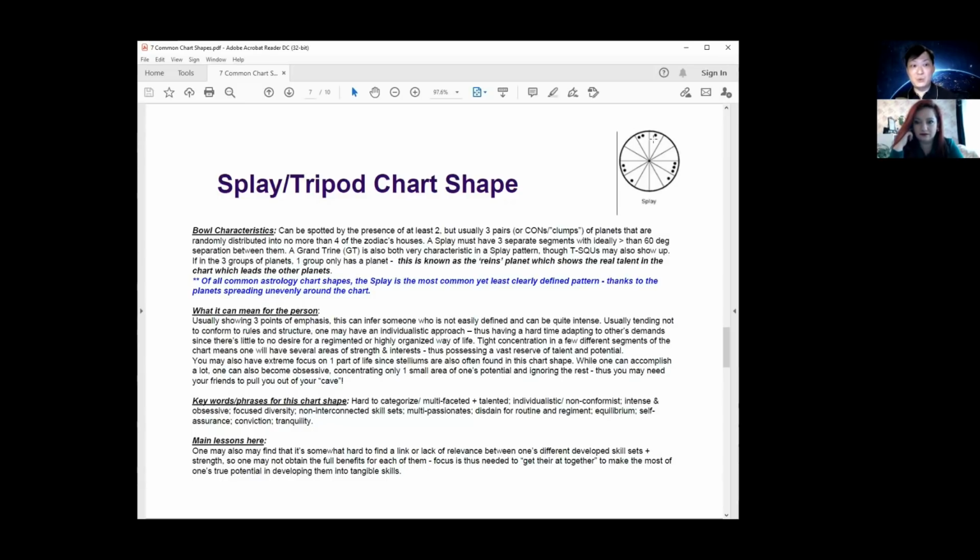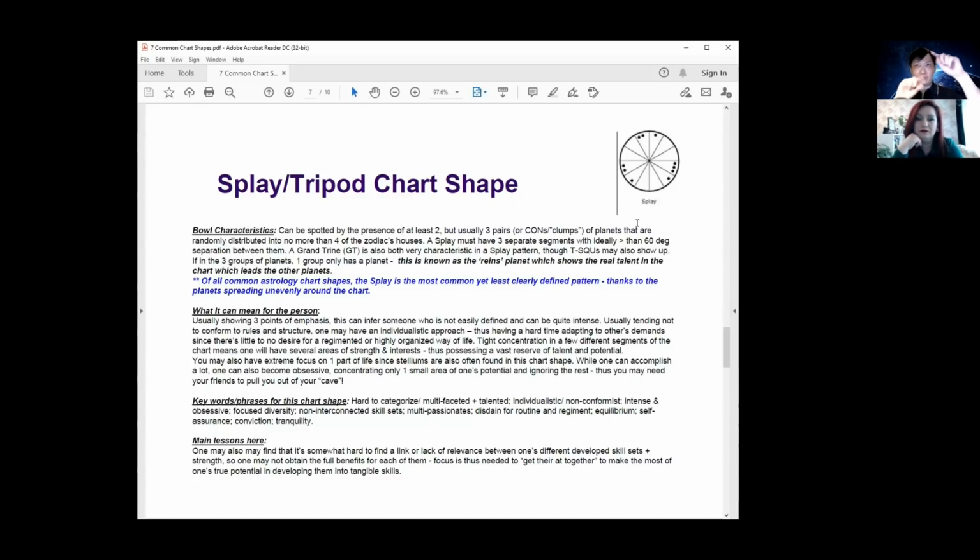The most obvious one will be a grand trine, because there'll be three groups of planets that are roughly spaced apart. But having said that, I've also seen T-squares, in which there's an opposition and 2 squares, forming within a splay or tripod chart shape as well.